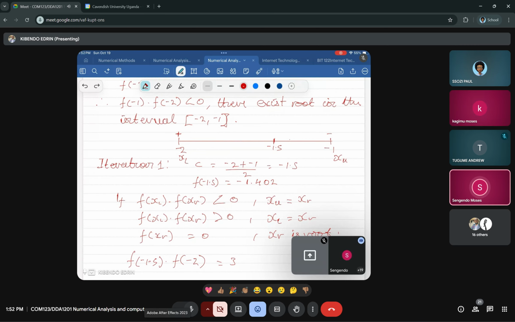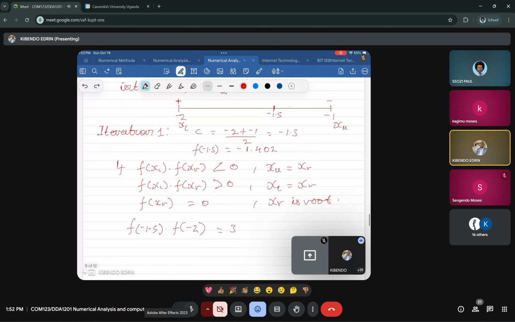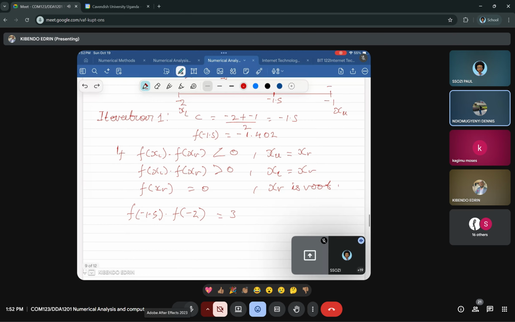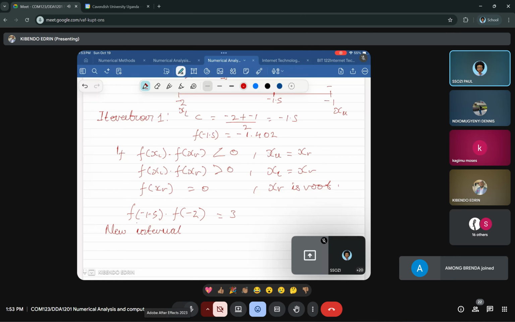Write that thing down, because if you don't write, you may deny. So what is the new interval now? Negative 2 and negative 1.5. That's right.